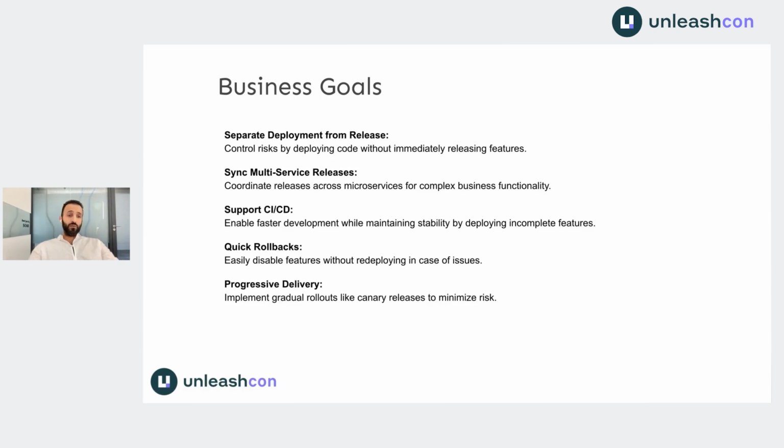In our CI/CD, we need faster development while maintaining stability by deploying incomplete features. We need to control this through feature toggles, and we need a way to do quick rollbacks in case there are any issues, crashes, or outages.